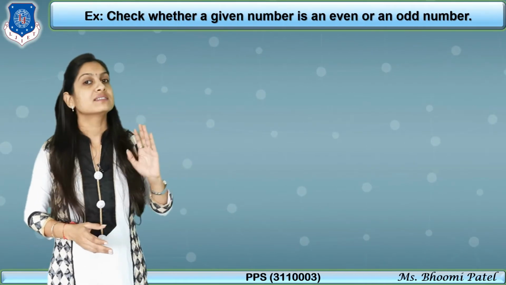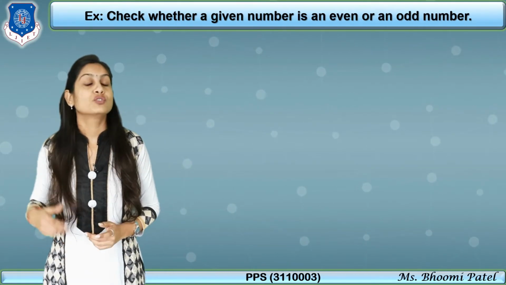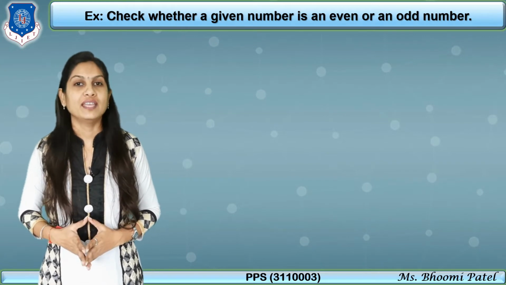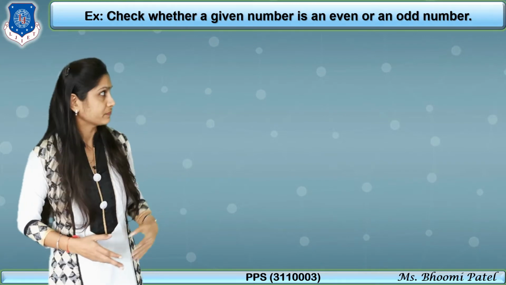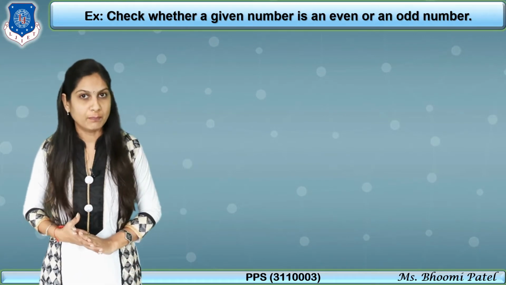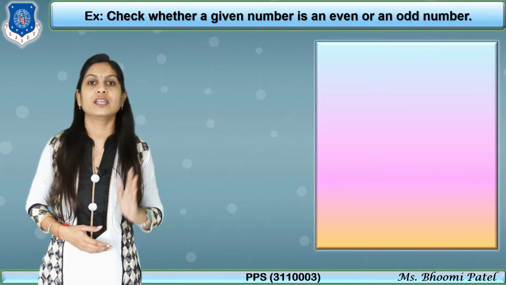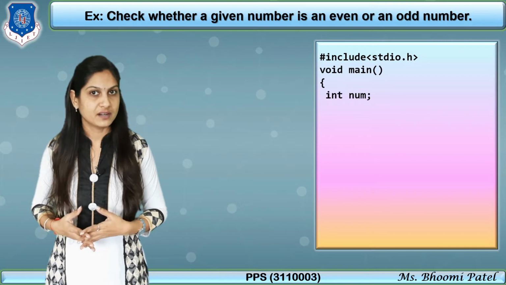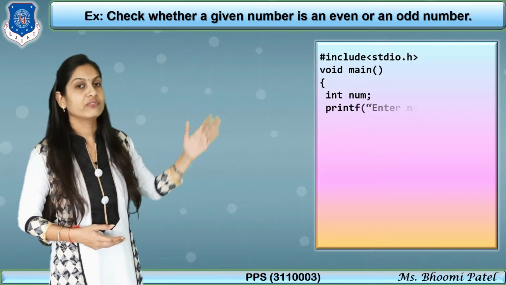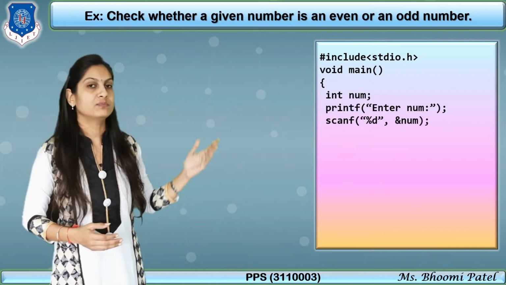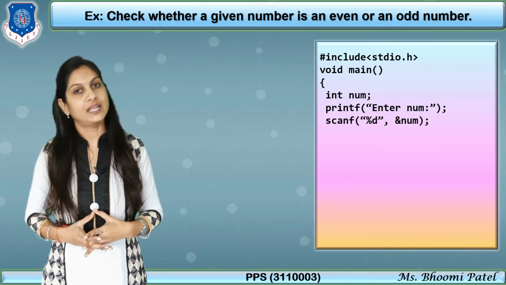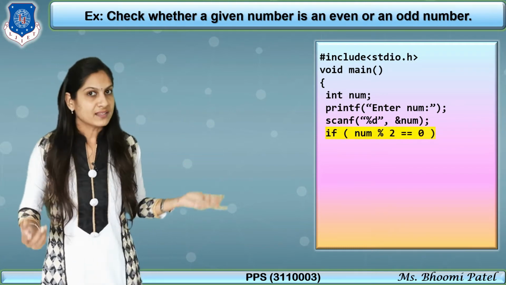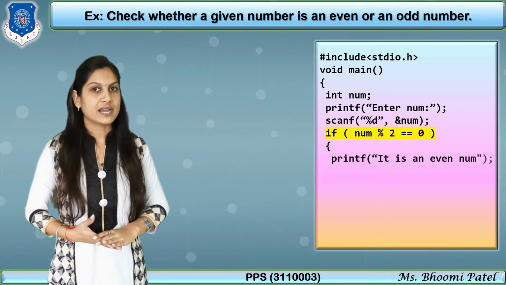Now understand with the same example, to check whether the given number is even or odd. The same logic we have to apply, just change the concept. So first we have to input the number, that is int num, then printf that number and scanf %d and num. The if part is the same.